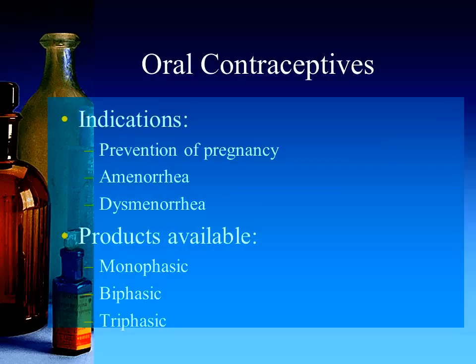Indications and reasons we might want to use oral contraceptives would be, in non-menopausal women, menstrual disorders. Sometimes we get women who have amenorrhea, no menstruation, or painful, difficult menstruation known as dysmenorrhea, and using estrogen, progesterone, or a combination of those may alleviate some of those symptoms.